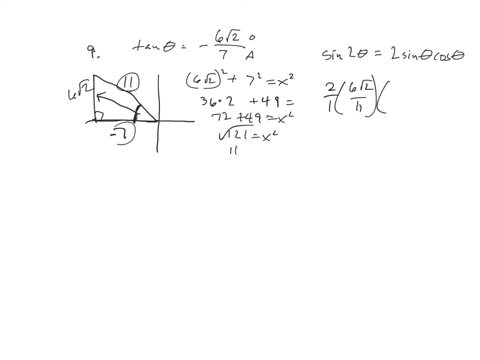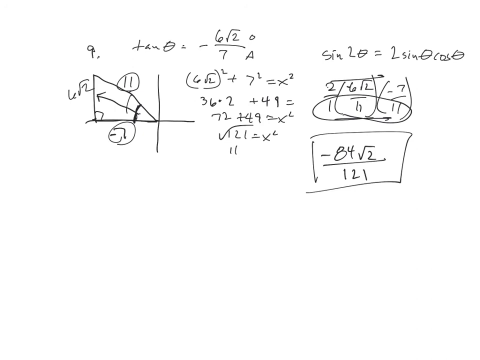And the cosine is adjacent over hypotenuse, so negative 7 over 11. Straight across the top, straight across the bottom. 2 times 6 is 12. 12 times negative 7 is negative 84. The square root of 2 is still there. 11 times 11 times 1, 121. That's it.